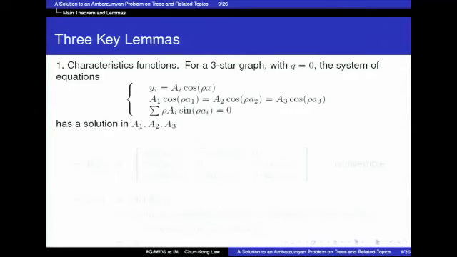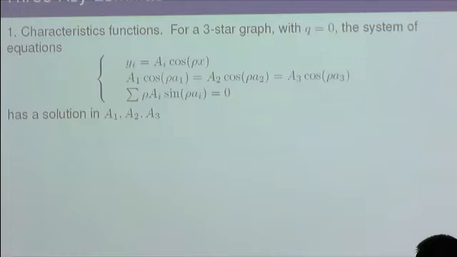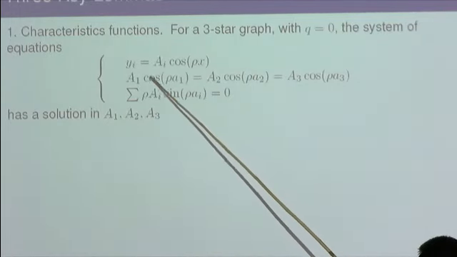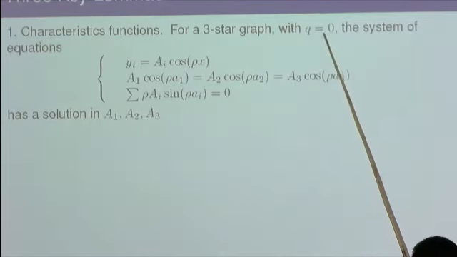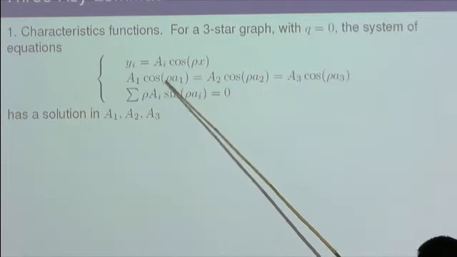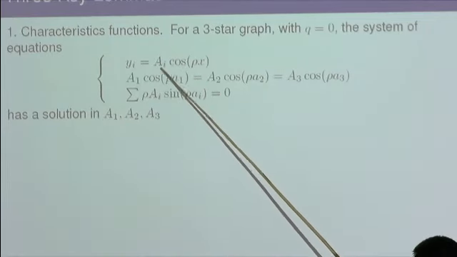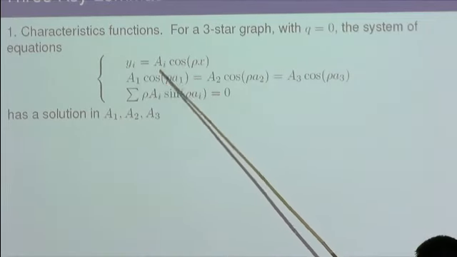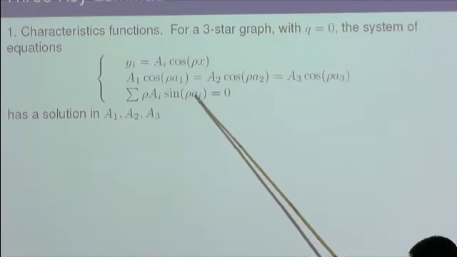to prove our theorem. First, we need to introduce the characteristic function. I shall give more details later on for this part. Assume that when q is 0, there is the continuity condition, and this is the initial value problem, and A_i is a set of constants to be determined, and this is the Kirchhoff condition.